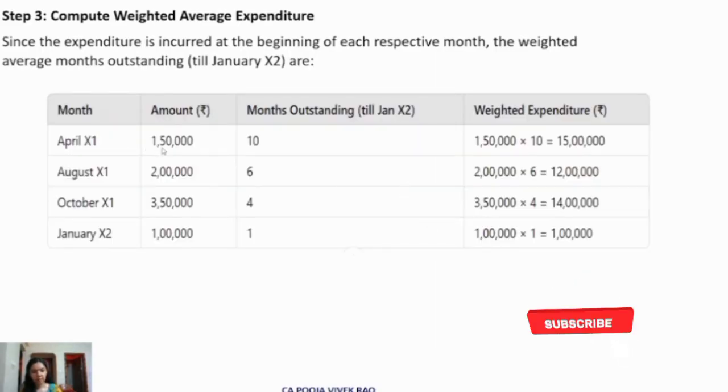For the month of April, it will be 1,50,000 into 10 months outstanding, so 15 lakhs. For August 2021, it will be 2 lakh into 6 months outstanding, that is 12 lakhs. Then for October, it will be 3,50,000 into 4 months, that is 14 lakhs. Then for January 2022, 1 lakh into only 1 month outstanding, so it's 1 lakh.